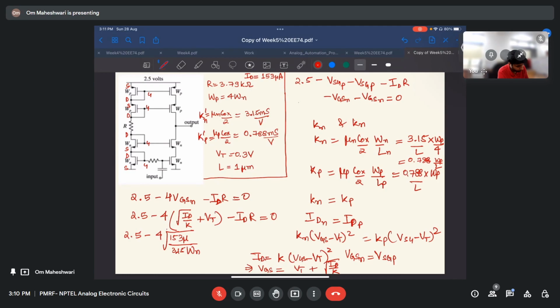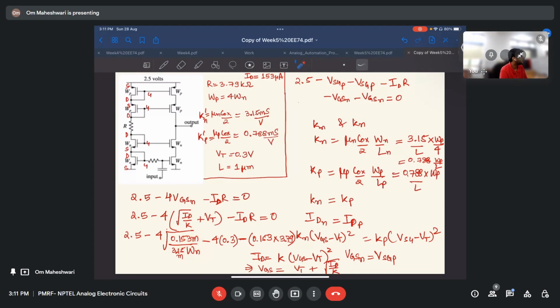Now, minus 4 times VT, VT is 0.3, minus ID is again, okay, I'll write this micro as 0.153 milli, because it is also in milli, right? 0.153 into R, R is given 3.79. So the only unknown here is this WN.